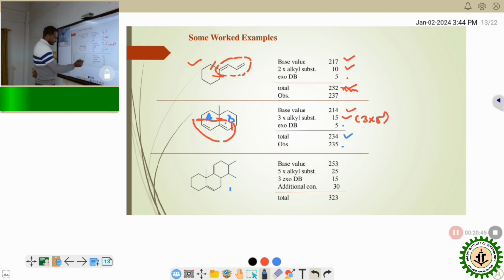In this case, you see that this system is a homoannular diene system and this system is a heteroannular diene system.